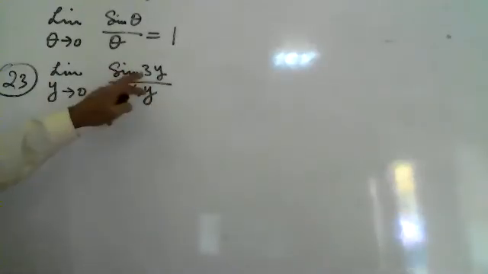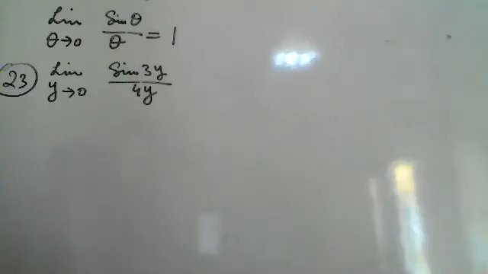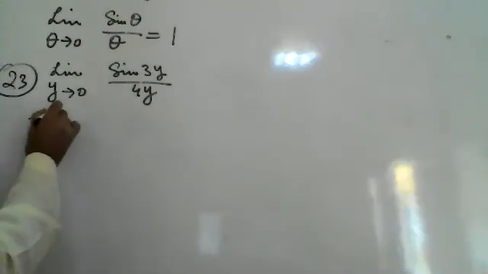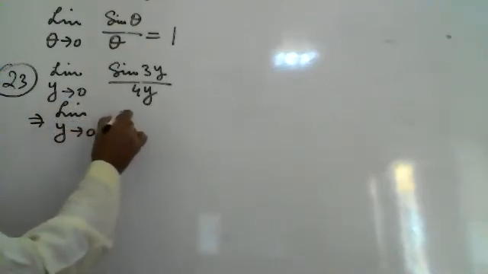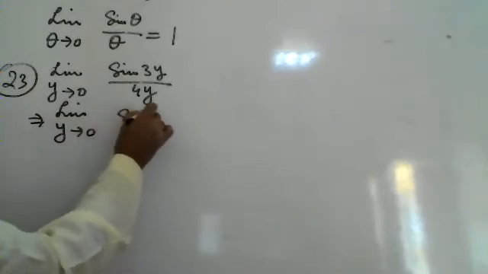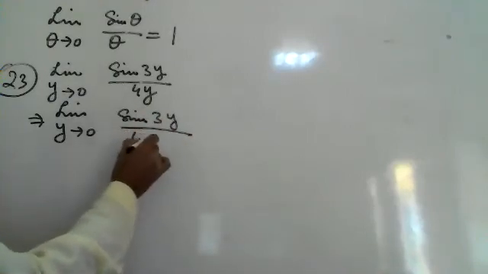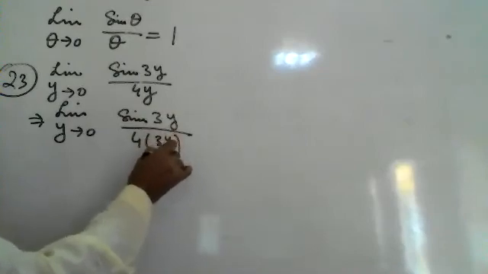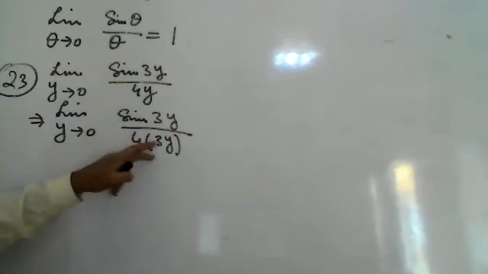Now see here, there is 3y and there is 4y. So how to convert 4y into 3y? The easy way is that 4 into 3y. 4 is as it is, we multiplied by 3.